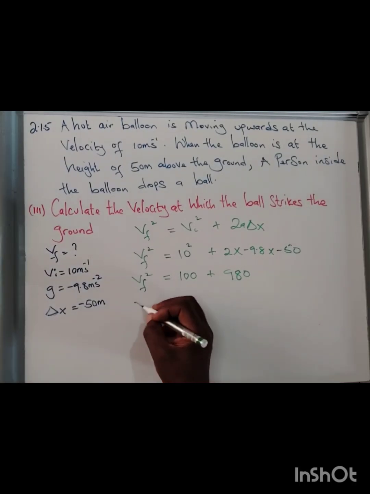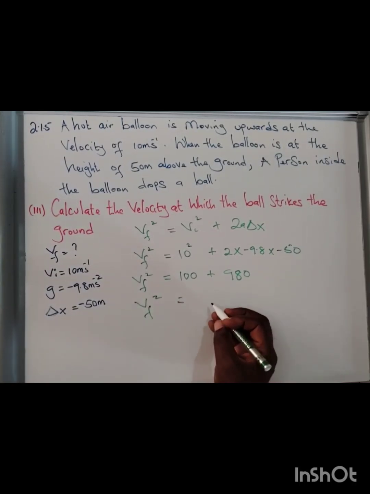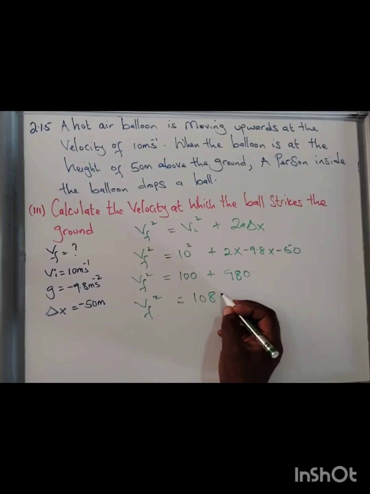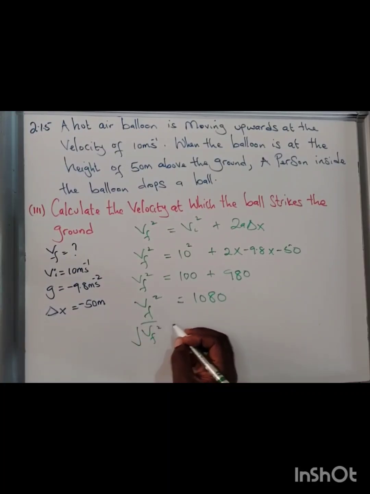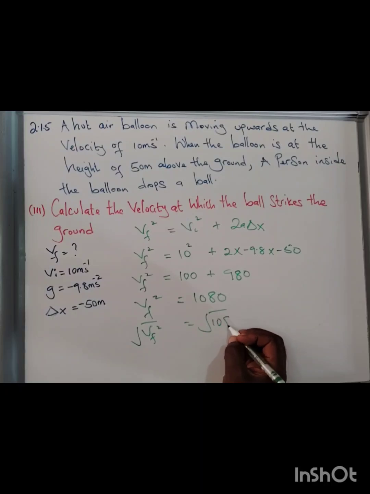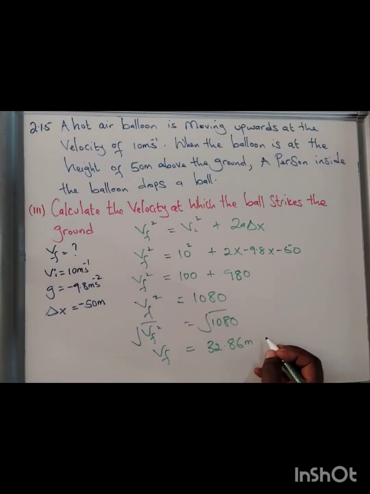So from there you have your Vf squared as 1080. Take the square root of that, and the square root gives us what we want, which is Vf, equal to 32.86 meters per second. So this is the velocity at which the ball strikes the ground.